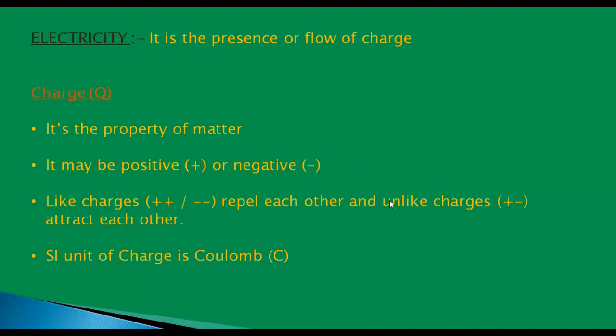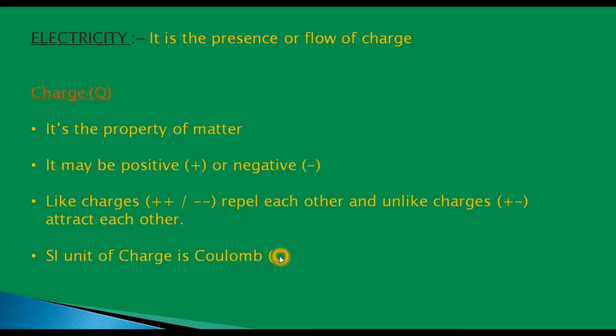But if you have unlike charges, it means one is positive and another one is negative, then those opposite charges will attract each other. And the SI unit of charge is coulomb. This is the unit in which charge is measured, and it's denoted by the letter C.